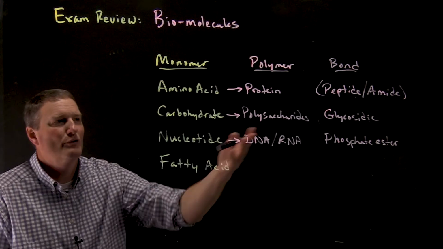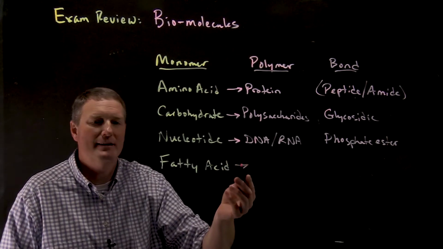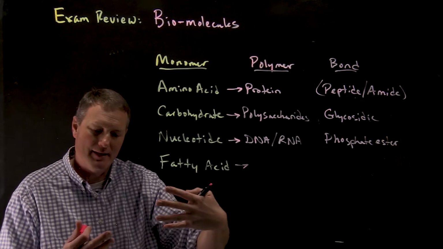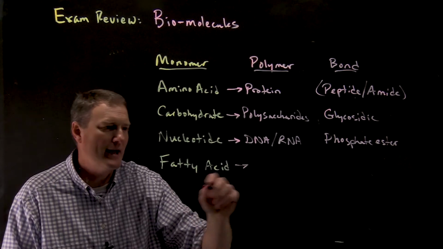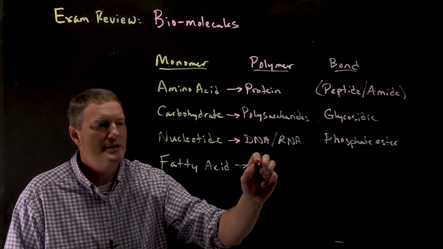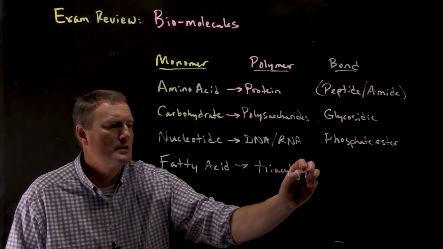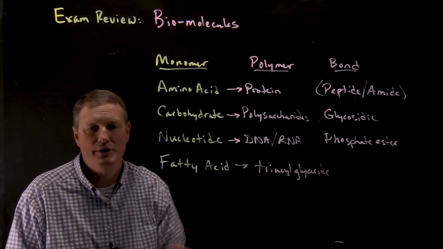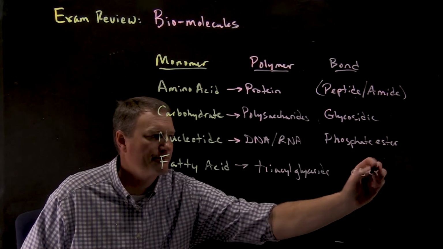Now technically these don't form polymers, but we will say that those can form at least sort of a polymer. When you add 3 fatty acids to a glyceride or glycerol, you form triacylglycerides. Okay, sometimes just called triglycerides. And those are held together by ester bonds.